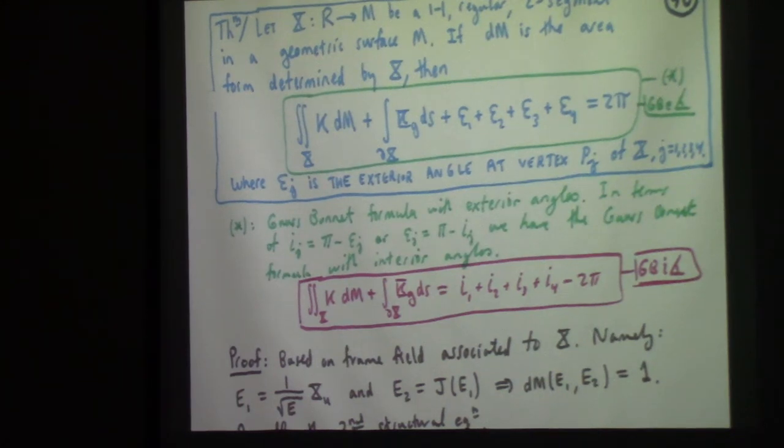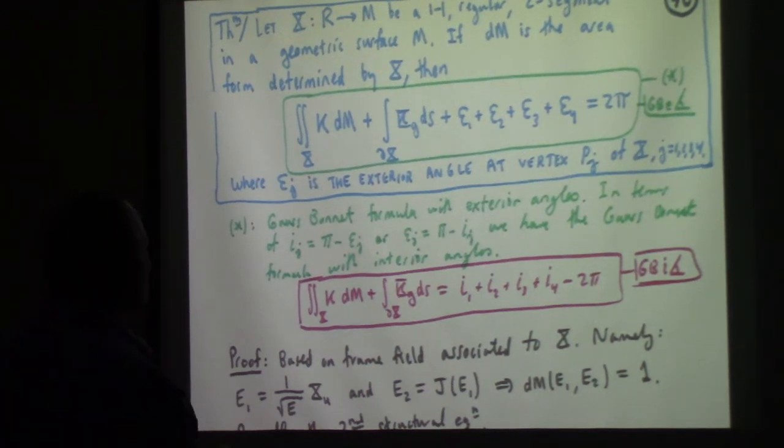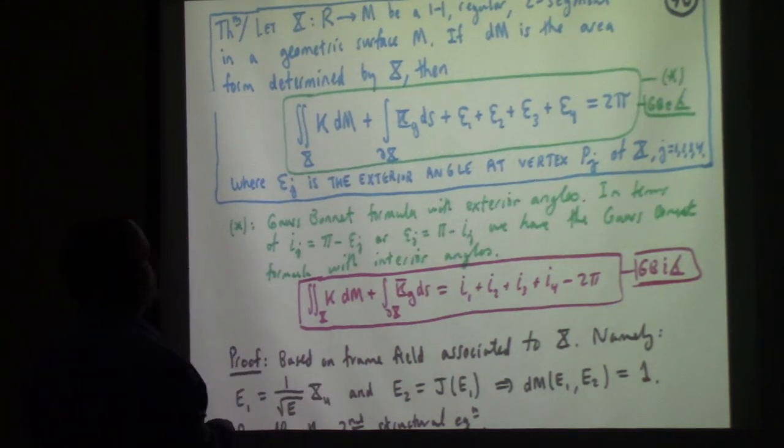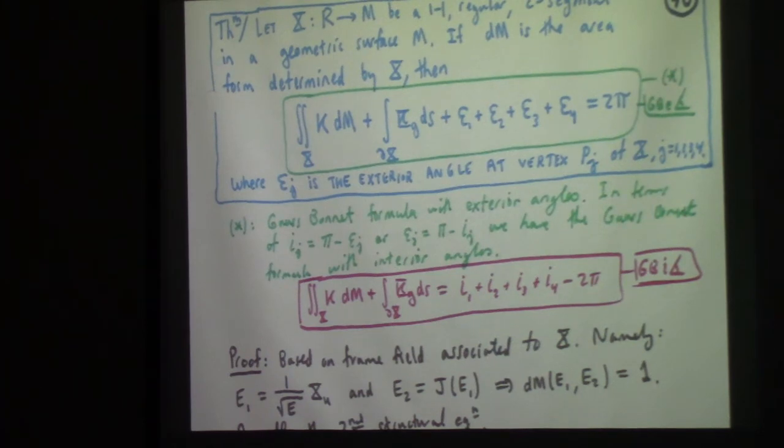If X is a rectangle, so this is a 2-segment like we were just talking about, and if dM is the area form determined by X, then the integral of the Gaussian curvature over M, so this is a double integral, plus the total geodesic curvature around the boundary of the 2-segment, plus the exterior angles, 1, 2, 3, 4, is equal to 2 pi.